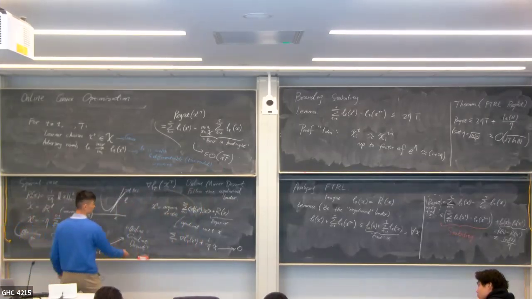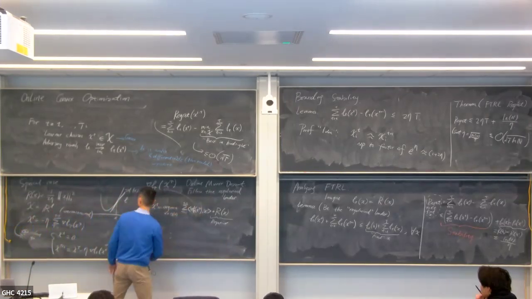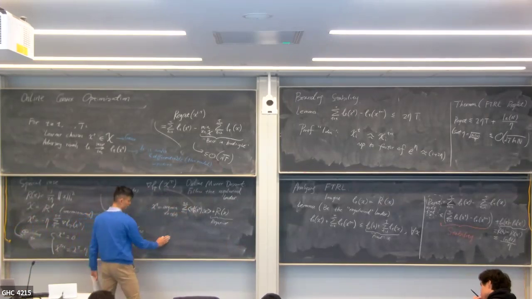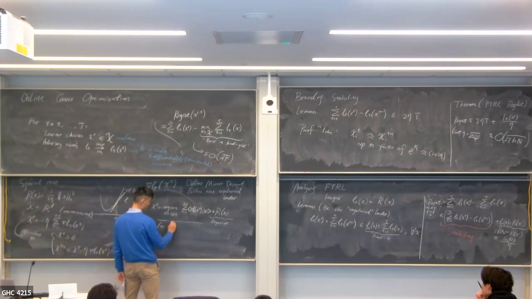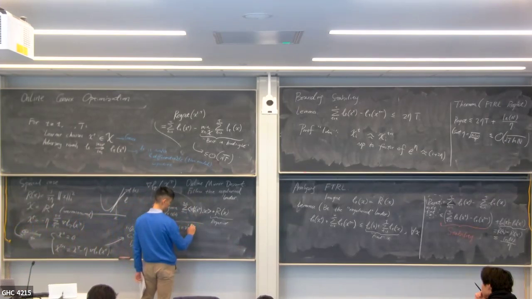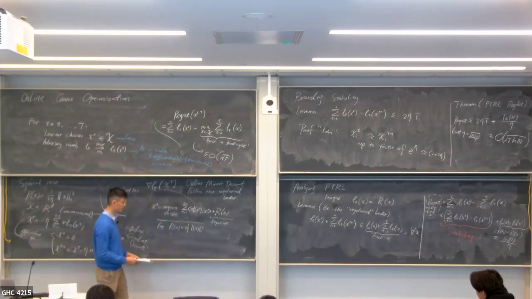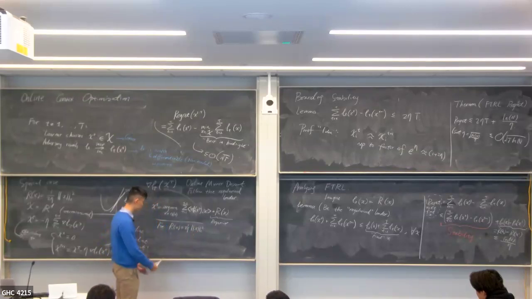One takeaway: if you choose R of X to be the L2 norm squared, it feels like what's called ridge regression. You choose the norm of the model squared as the regularization.